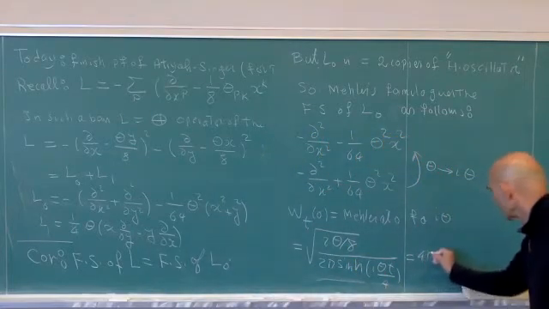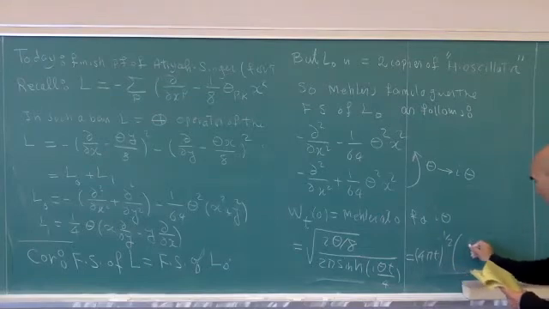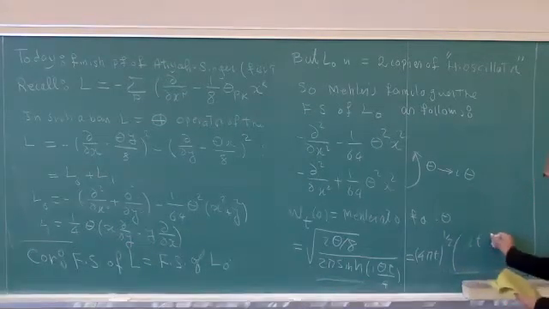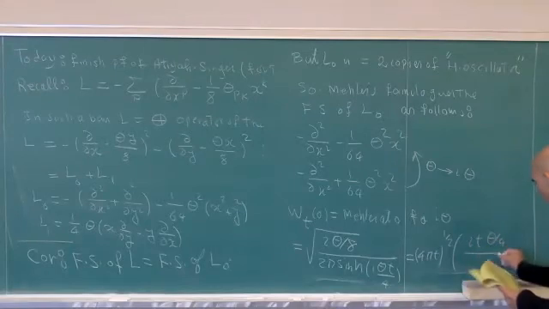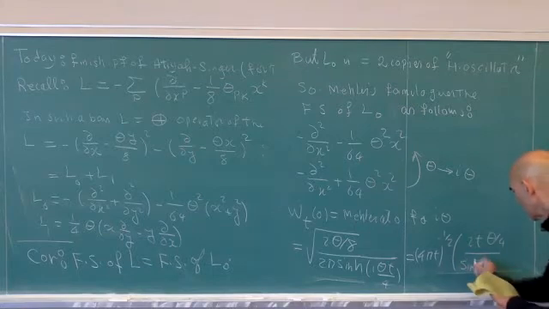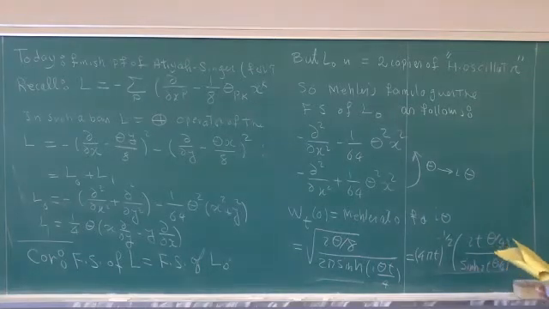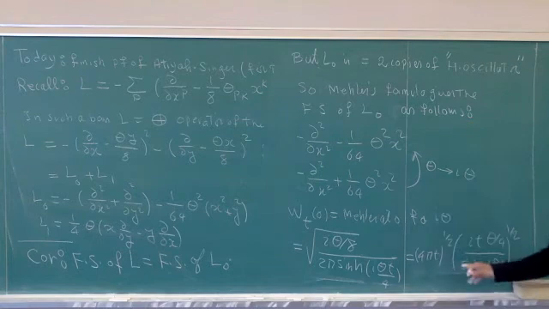You can also write it as 4 pi t to the minus half times i t theta over 4 over sinh of i t theta over 4. Yeah, so that's a square root. Okay? So this is the formula.